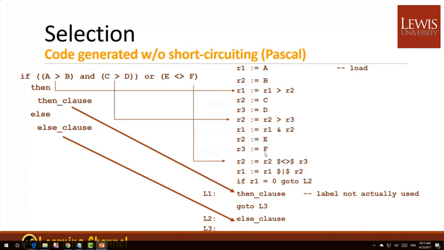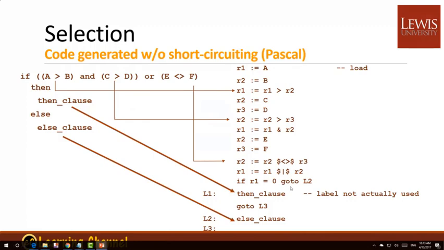And then we load E and F. So E and F, we calculate it, and then we perform not equal, and then set the whole expression to R2. Then we perform R1 and R2, or R2, and then set it to R1. So R1 will be the result for this whole thing.